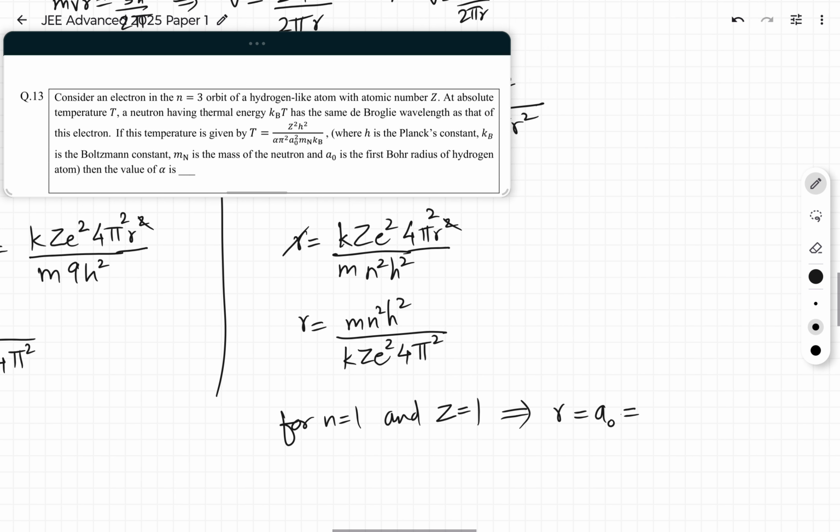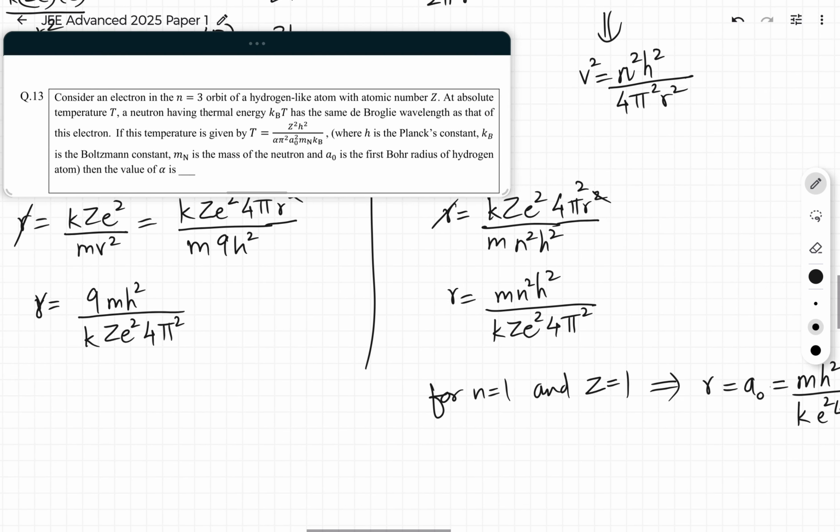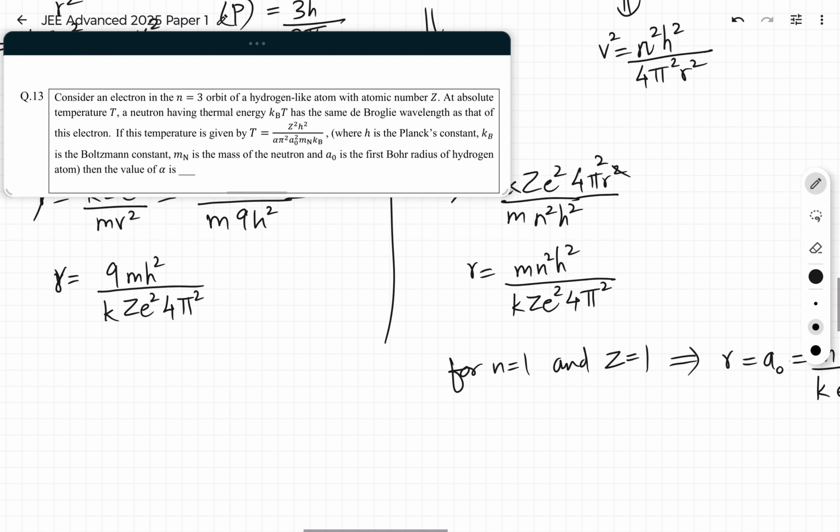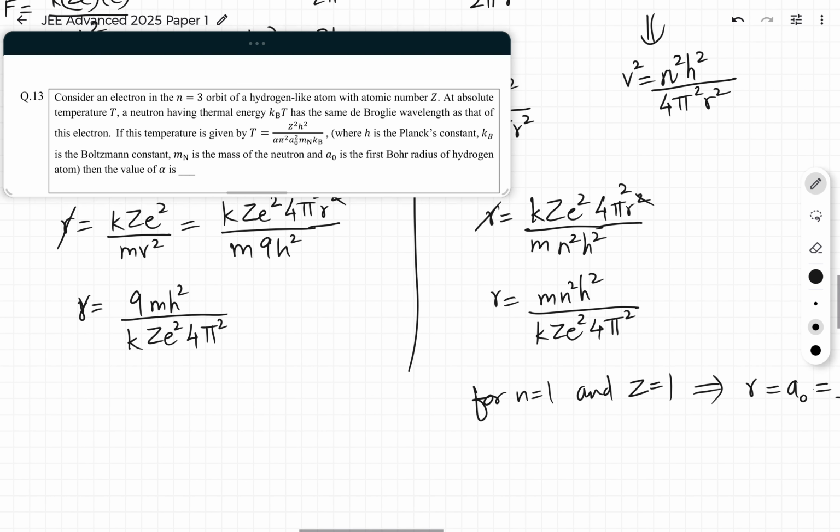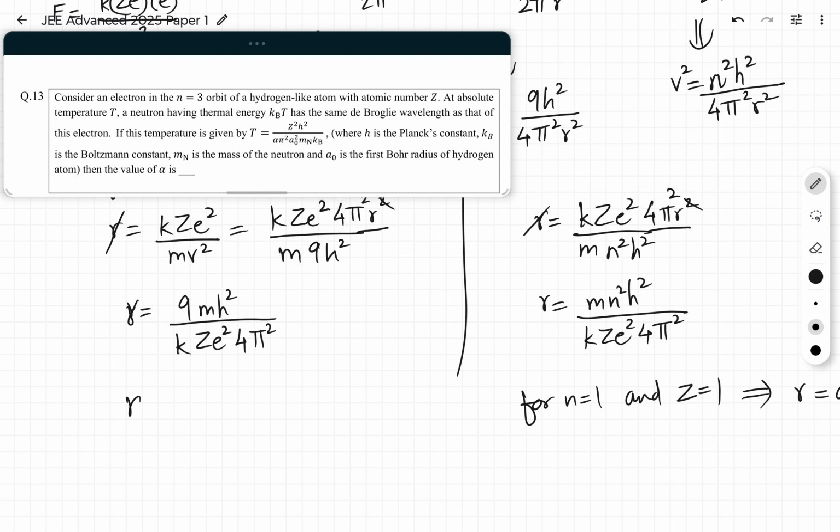When you plug in n equals 1 and Z equals 1, we get a naught equals h squared by m, which is the mass of the electron, k e squared 4 pi squared. Now this value we need to bring in here.